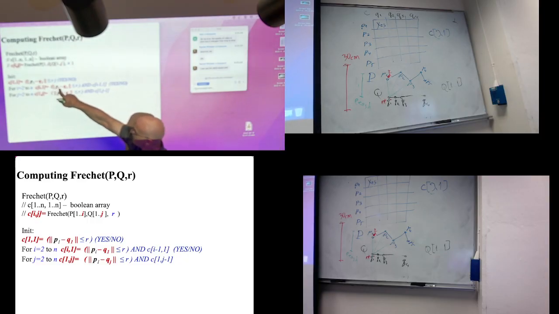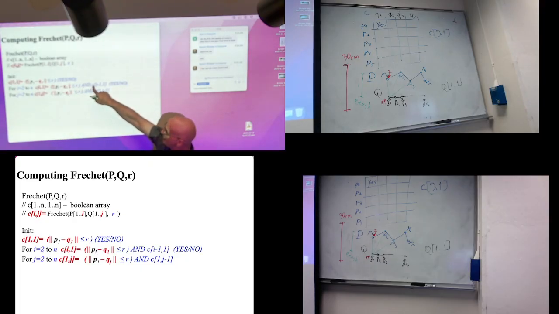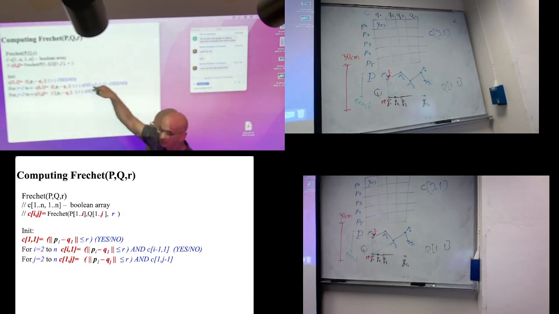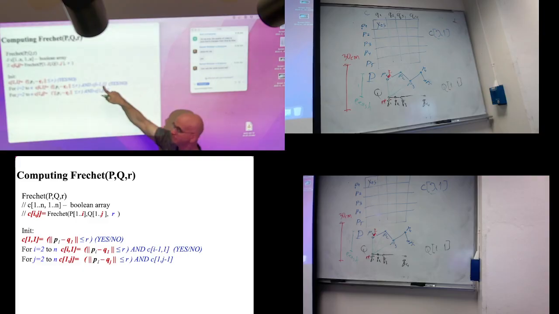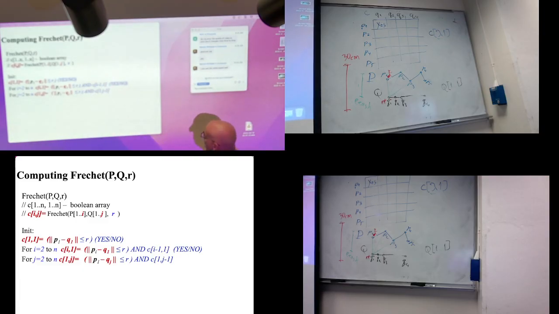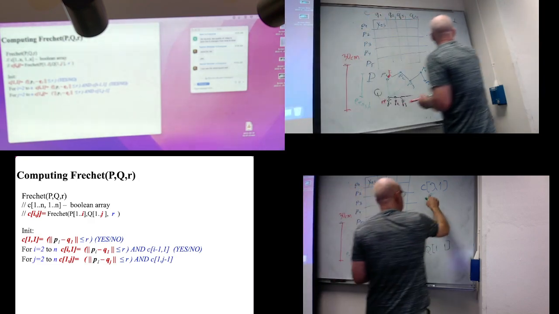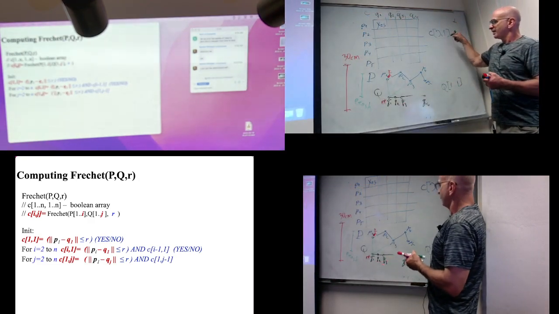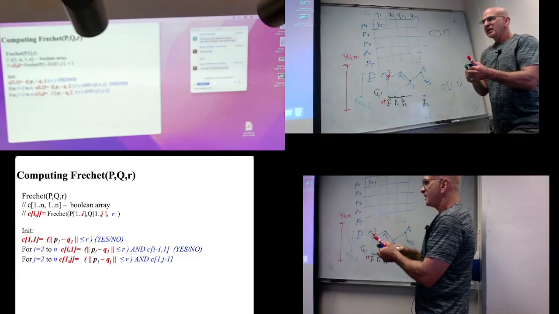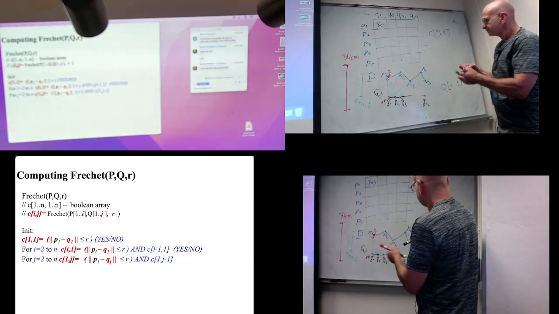So is the distance between Q1 and Pi less than R. And in addition, C of I minus 1, 1, that I just computed in this loop is true. So this is just a shortcut. When I write C13 is true, it's just a shortcut.